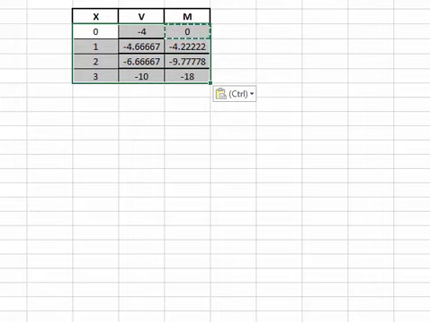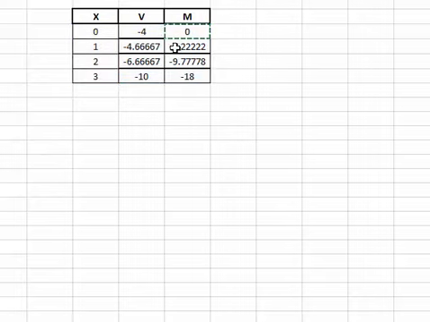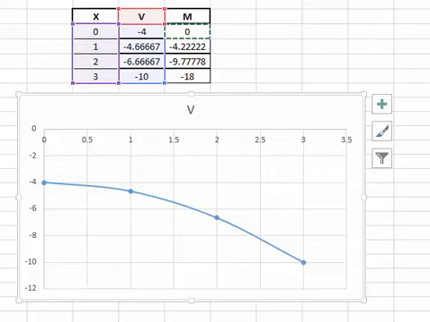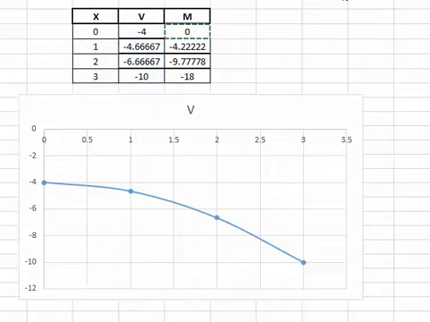Insert XY. There you go. And I think I'm going to do them separately. This right here is my shear. All right. And my moment.